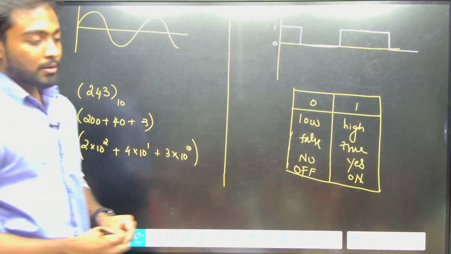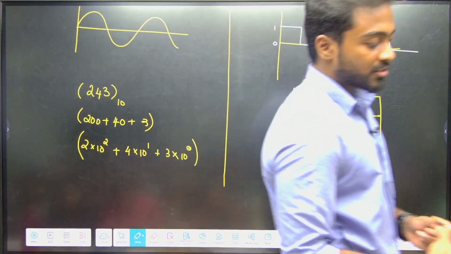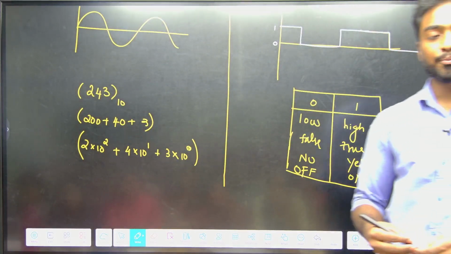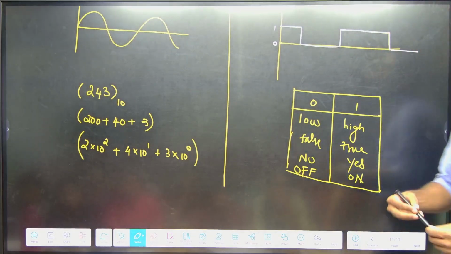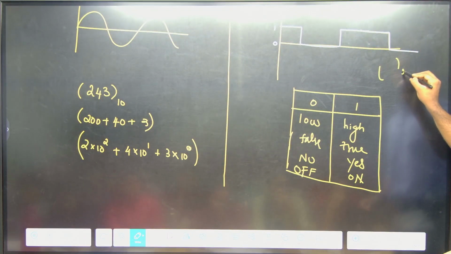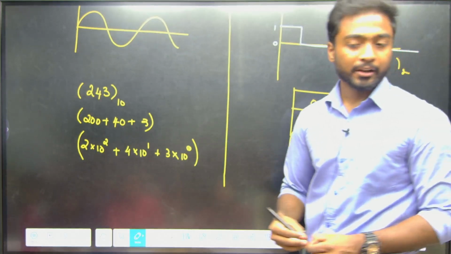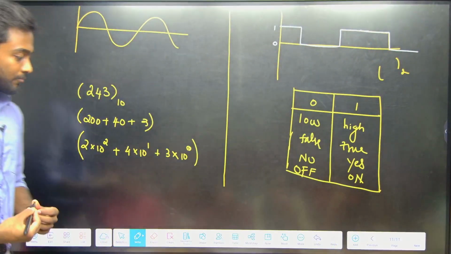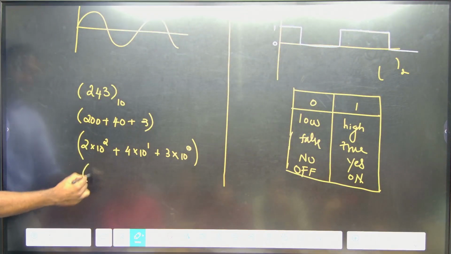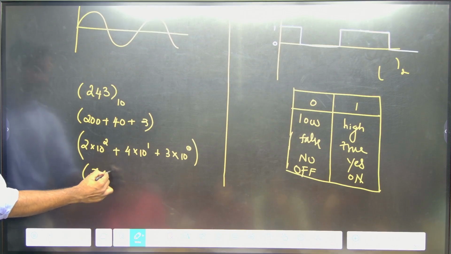If they are asking in terms of decimal system 2, then we can write everything in terms of binary. I will give one more value here, 7654.